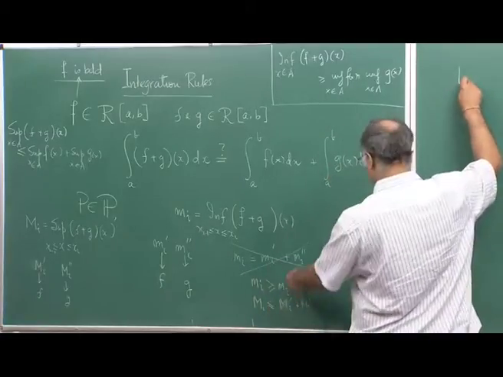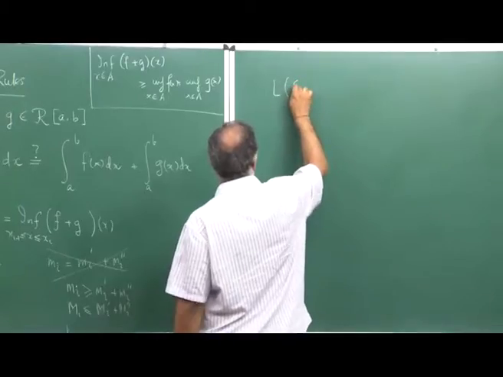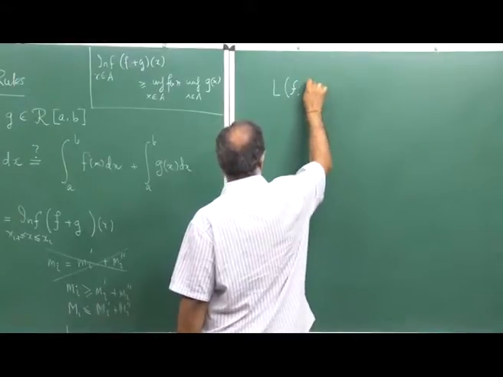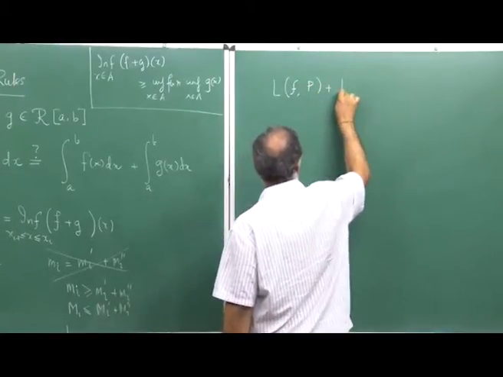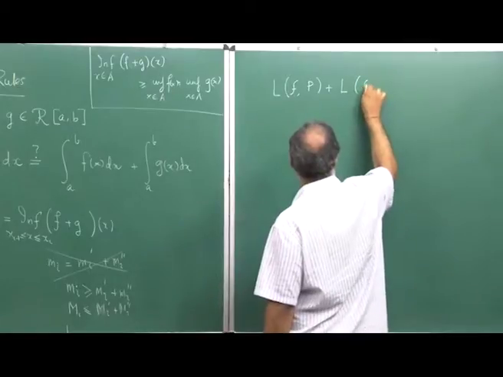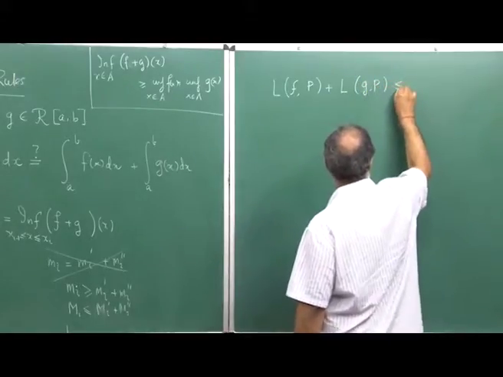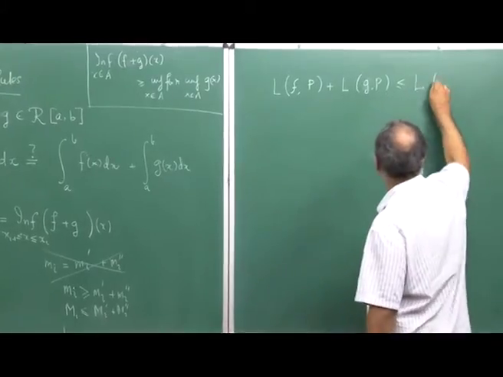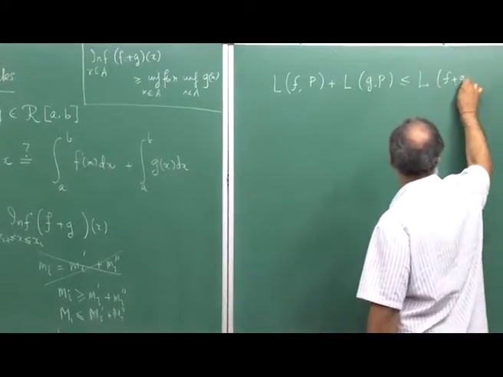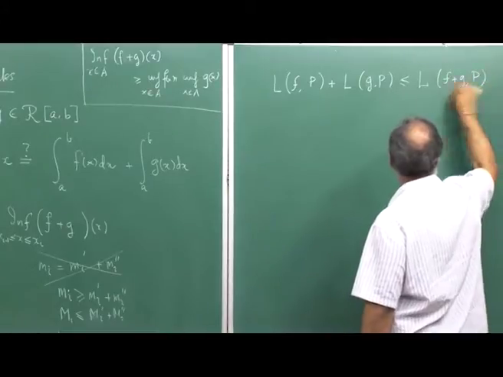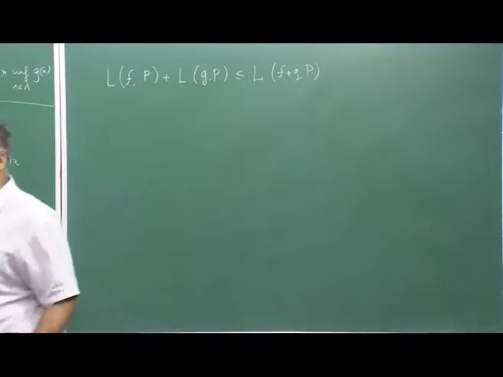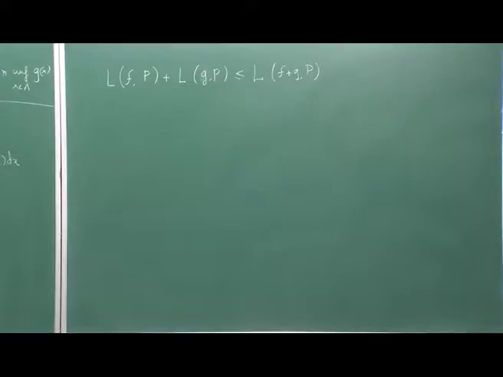So, what I have in effect proved is L(f,P) plus L(g,P) is less than or equal to L(f+g,P). While for the upper case it is the reverse.